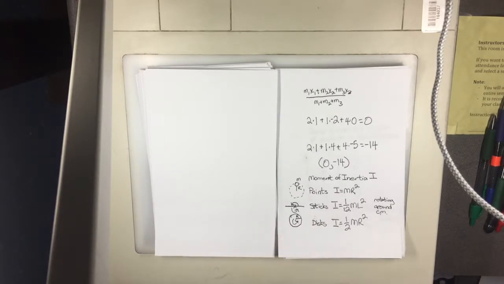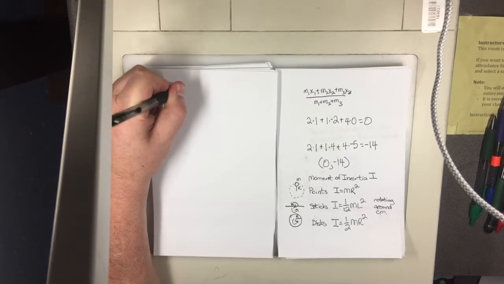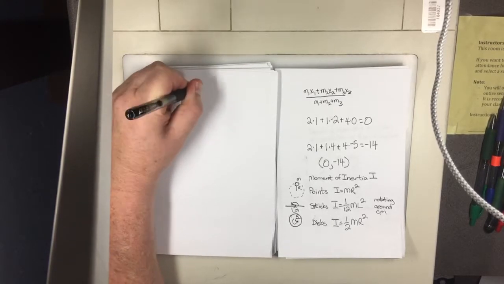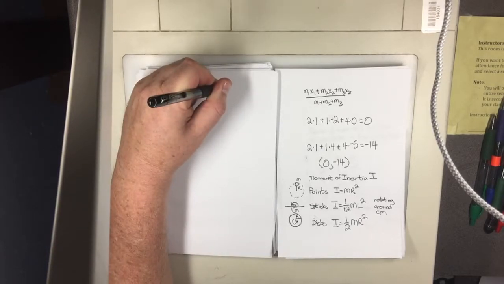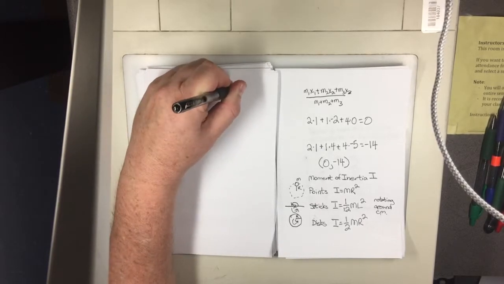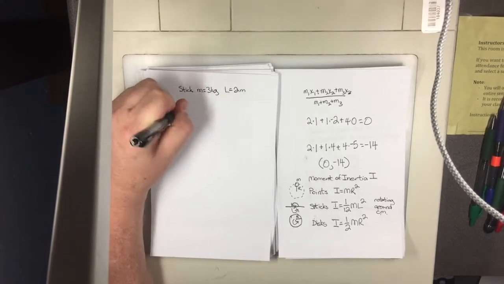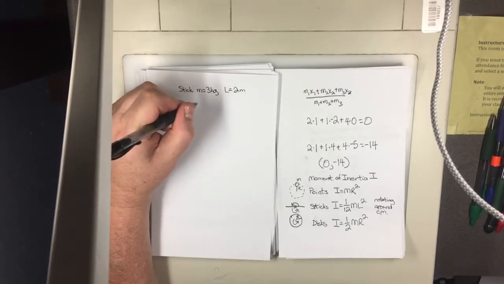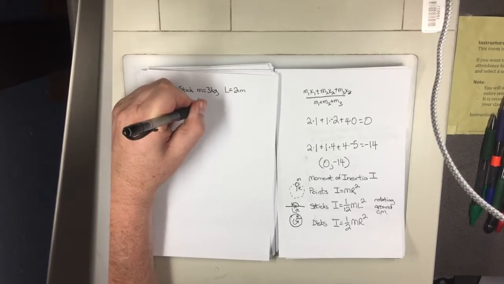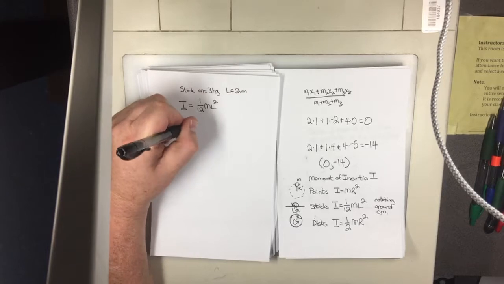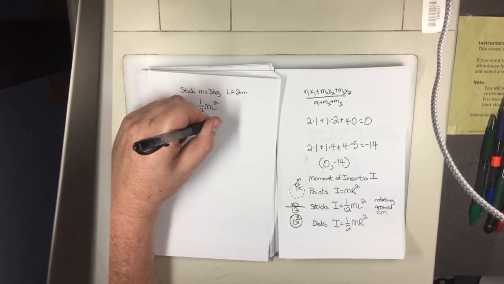And so, if you had, let's say, a stick. Its mass was 3 kilograms and its length was 2 meters. Its moment of inertia would be 1/12 ml squared, or 1/12 times 3 times 2 squared.